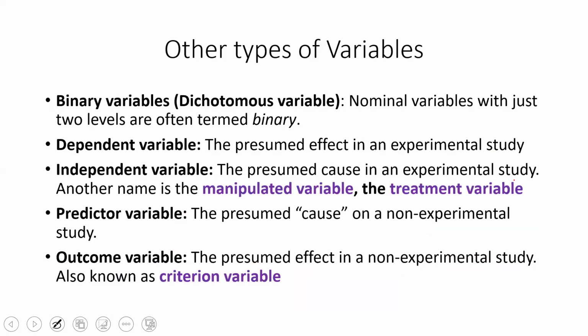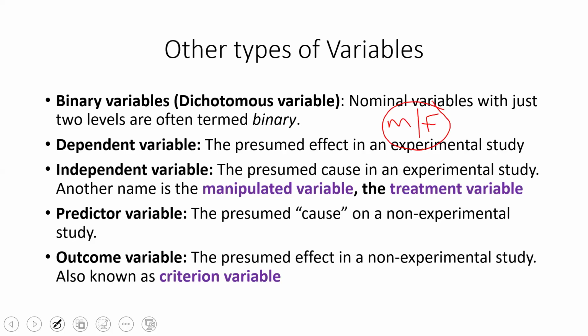Now, there are other types of variables that I want us to have in mind as we continue. When we say a variable is binary, that means that it has only two levels of expression, like yes or no, dead or alive, present or absent, here or there. It only has two levels of expression. I was going to say male or female, but with the kind of world we are in now, it's no longer binary.